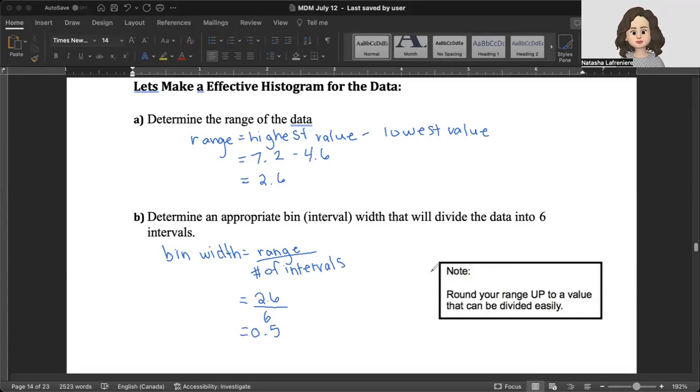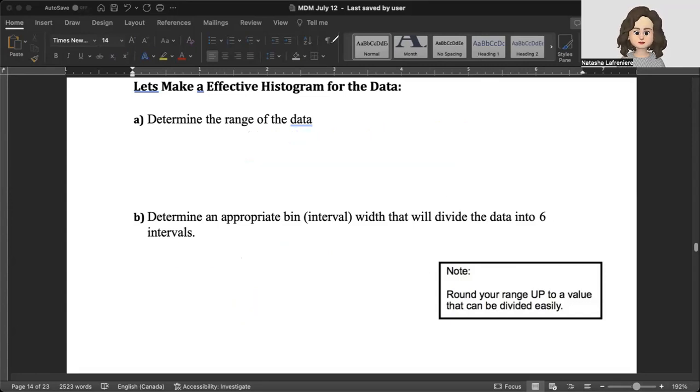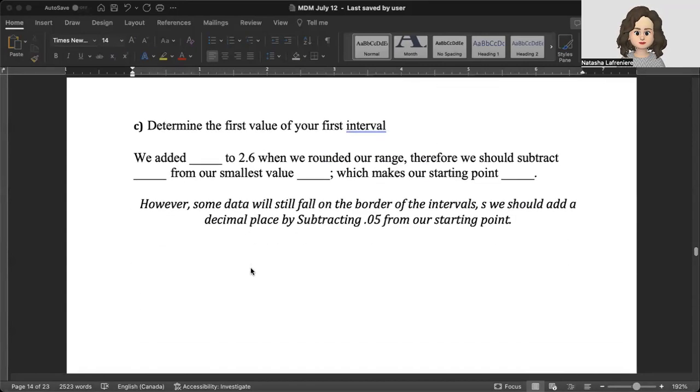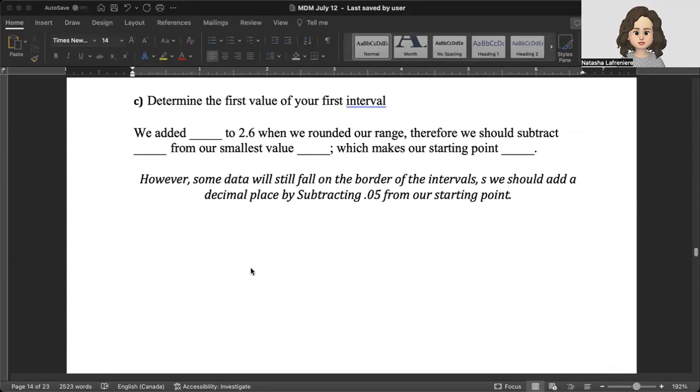Okay, so I am going to clear this. Determine the first value of your interval. So we added 0.4 to 2.6 when we rounded our range.